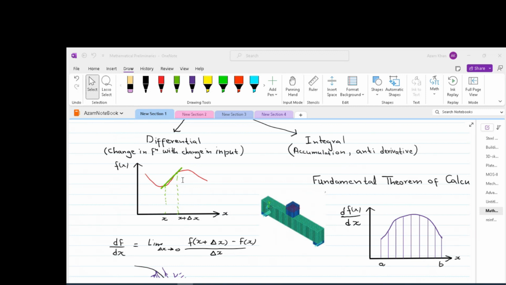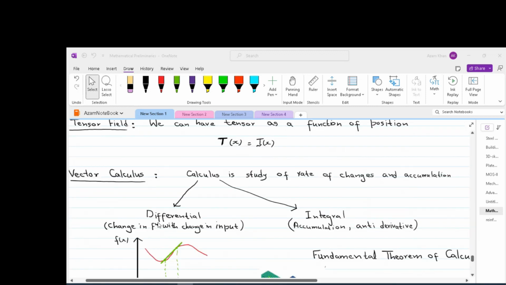In the language of calculus, that means we take a limit and make delta x almost equal to 0. It doesn't become 0, but it is very, very close to 0. This can be written as the differential df by dx. This is simple differential calculus.